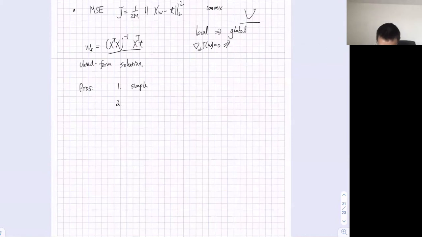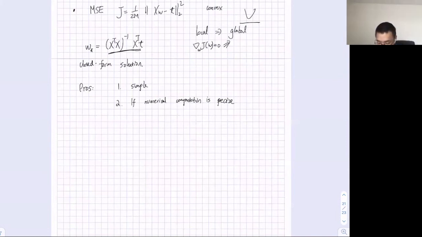And second, if my numerical computation is precise, suppose we can represent real values exactly in my computer, then if you compute the inverse, if it's invertible, then it definitely gives you the exact result.